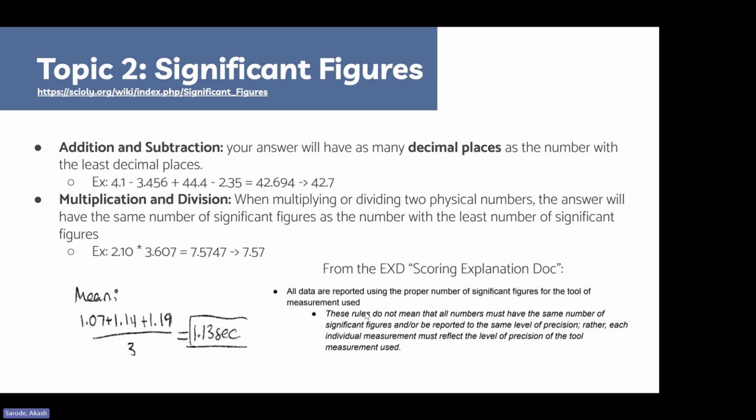Basically, what that means is it doesn't really matter that all your data points have the same number of significant figures. What matters the most is that your values reflect the measurement tool that you're using. So I'll get into that in the next slide.